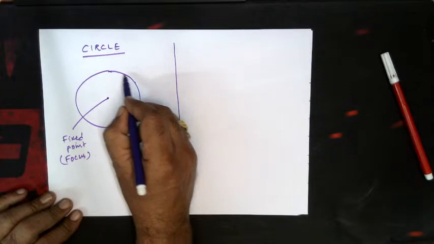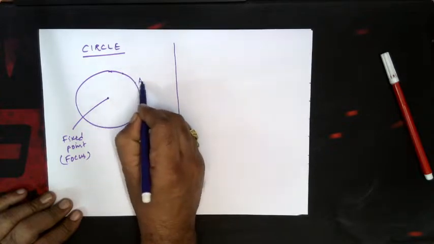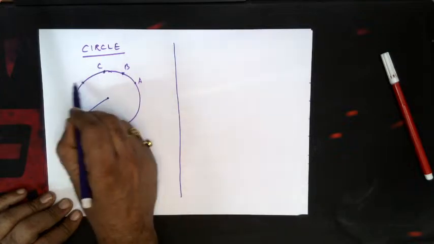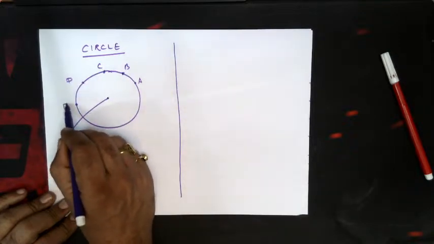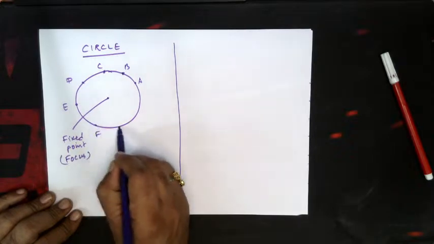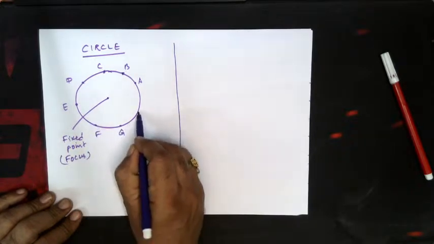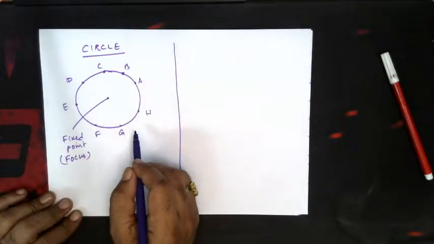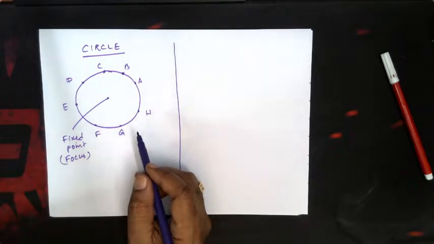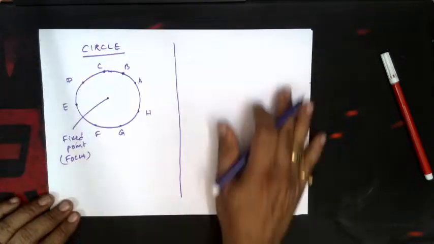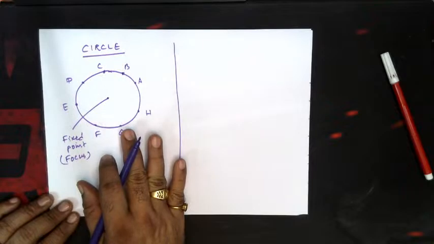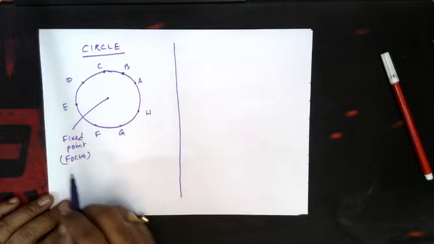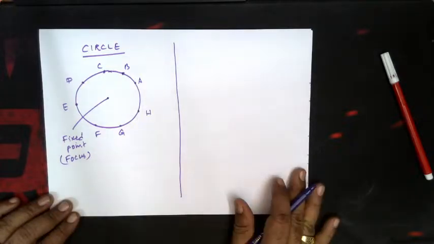And there are so many points like A, B, C, D, E, F, G, H, etc. We can have n number of points on a circle, and all these points lie on the same plane of the paper. Is it not? Paper is the plane.